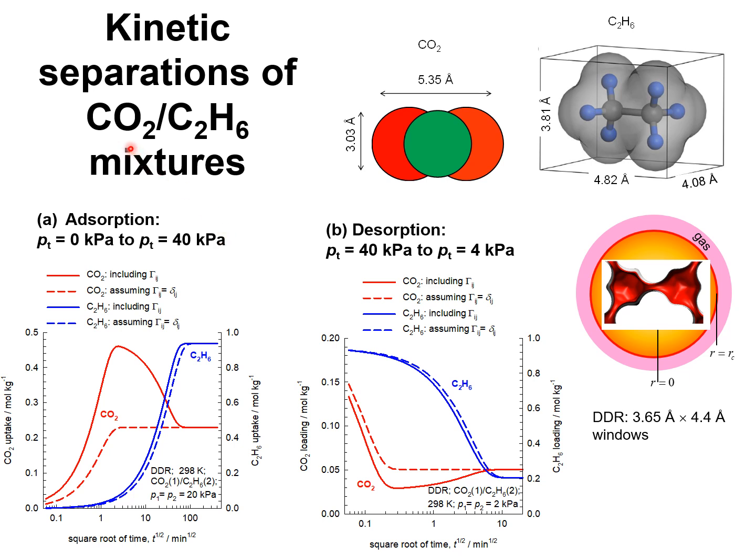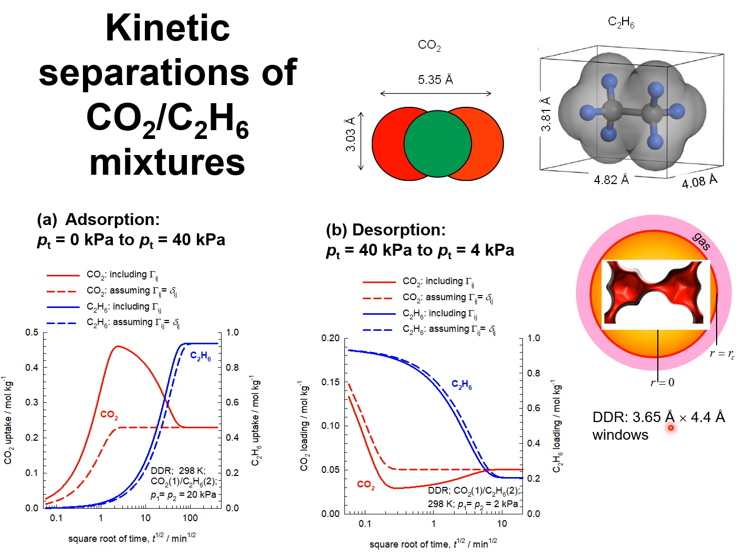Consider the separations of mixtures of CO2 and ethane using a DDR zeolite that consists of cages separated by windows that have dimensions of 3.65 angstrom in one direction and 4.4 angstrom in a different direction.